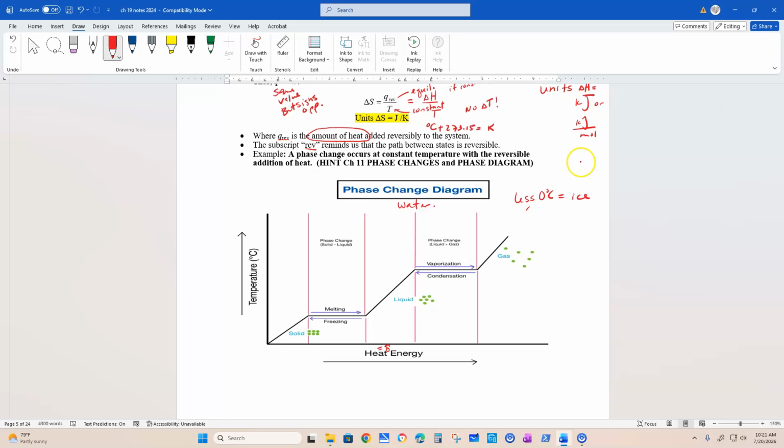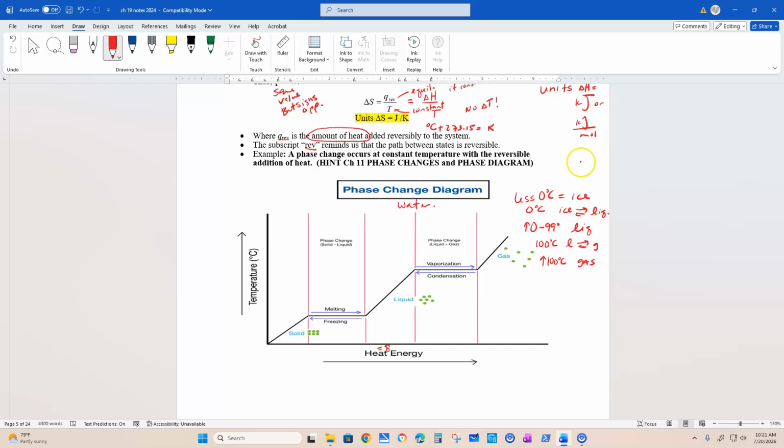When it is 0 degrees Celsius, we are at equilibrium between ice and liquid water. Above 0, but to 99, we have liquid water. And when it hits 100 degrees Celsius, then we have a phase change between liquid going to gas. And as long as it's above 100 degrees Celsius, then we have straight vapor, straight gas.